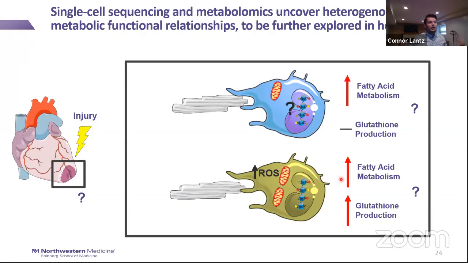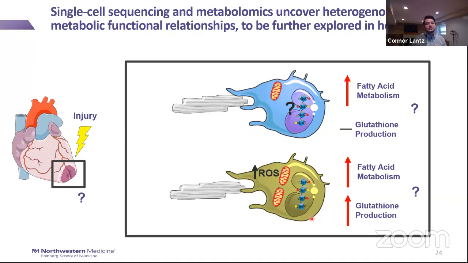And so putting everything together into my working model, through these single cell sequencing and metabolomic data, I was able to uncover a heterogeneous immunometabolic function where glutathione production is distinctly regulated after efferocytosis within these monocyte-derived small peritoneal macrophages.